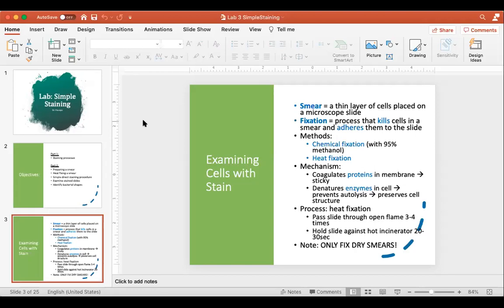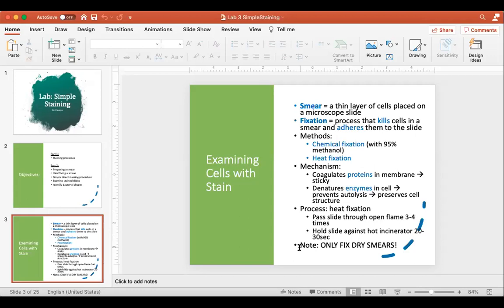The incinerator itself has a metal casing, and the metal gets hot when the incinerator is heated up. So all you have to do with your slide in your clothespin is place the slide against the outer housing of the incinerator just for 20 to 30 seconds generally. And that will be enough to heat fix the cells.